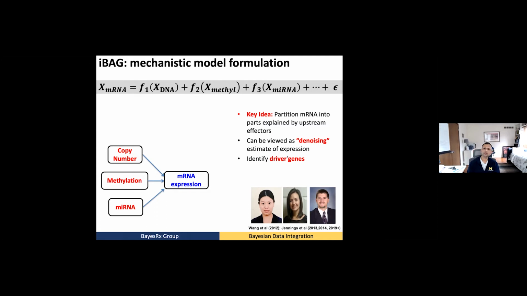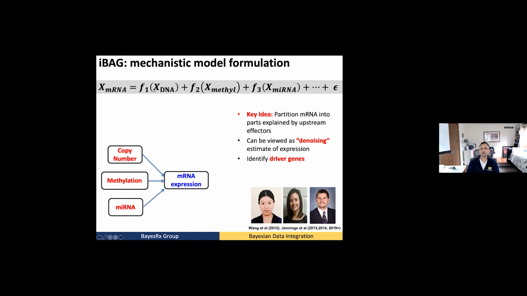But the key idea here is, the first level is just a regression model that breaks the expression into multiple components driven by the upstream factors. So it's partitioning the cumulative expression, and it can be thought of as a denoising step for the gene expression, with the added benefit that it can identify what are called driver genes.